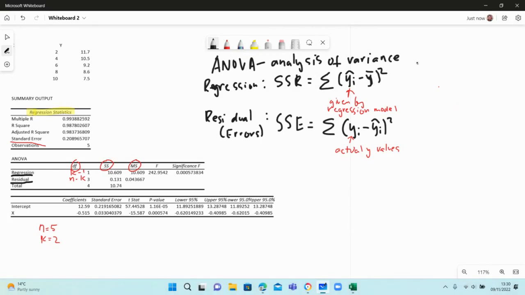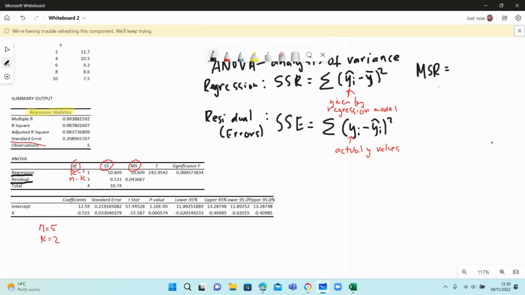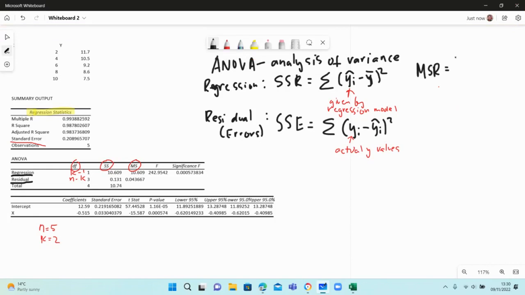So just like in each part, MSR is obtained by considering the ratio SSR over, in this case, the DF of the regression part of the ANOVA.